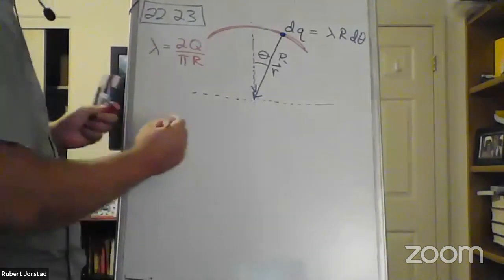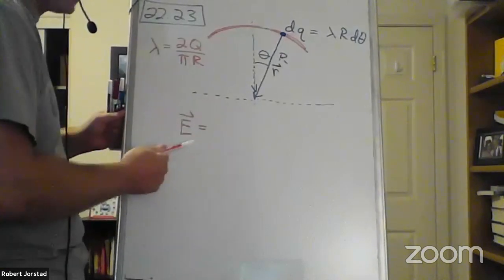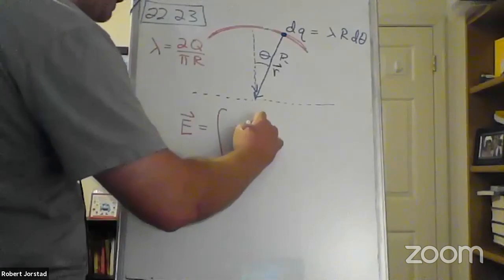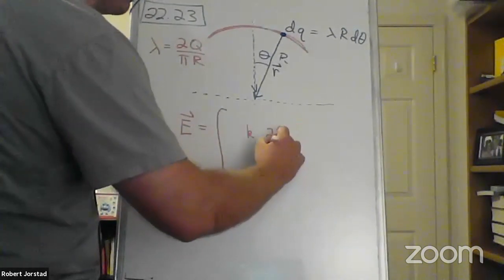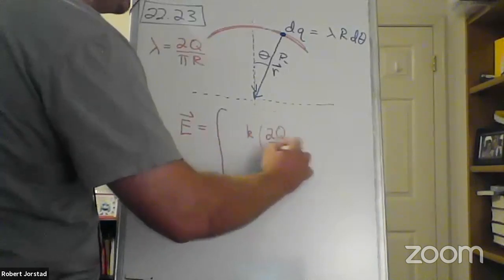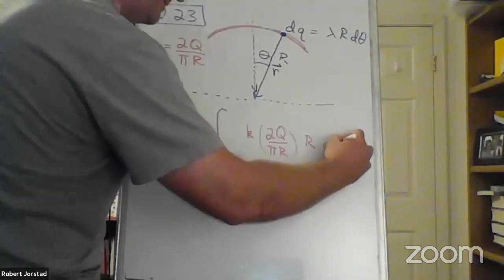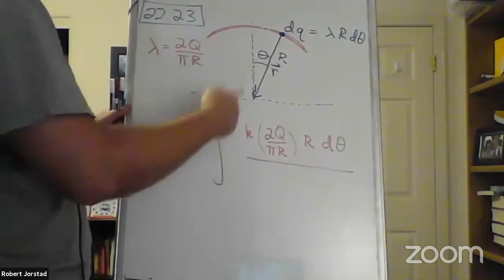So now the net electric field, you cannot do the magnitude. You have to do the whole vector. It's going to be k 2q over pi r. That's lambda times r d theta divided by what was the distance?